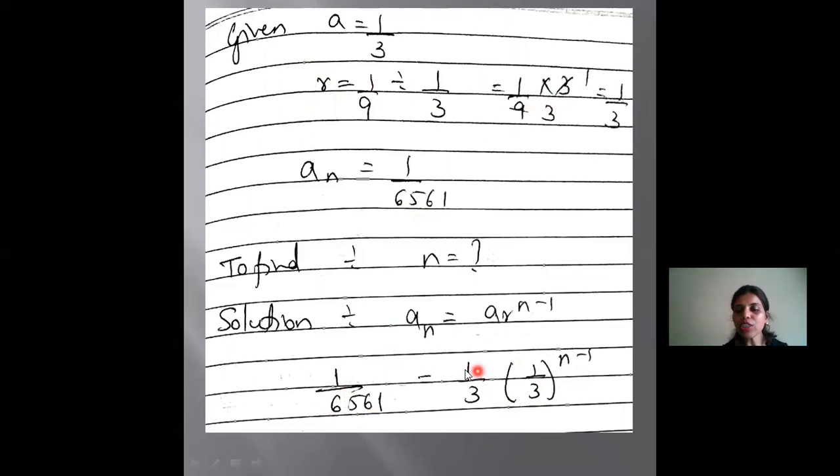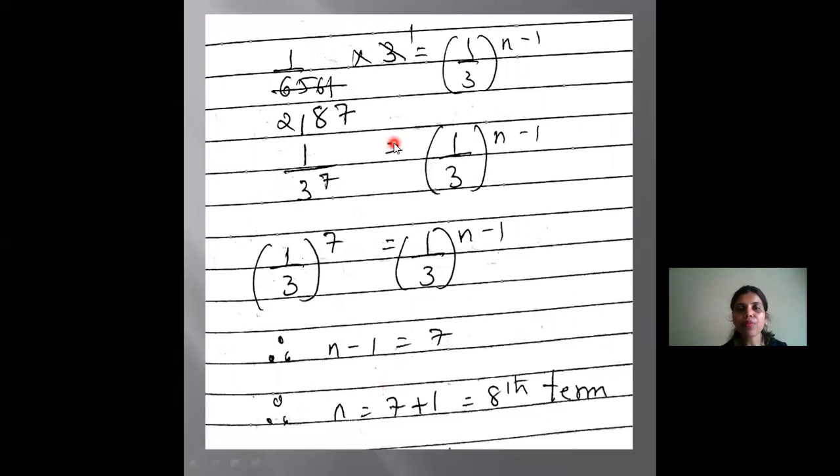Now what you will do is you will take this 3 which is in the denominator to this side. So it goes in the numerator because division becomes multiplication. So you divide 3 and 6 by 6 so you get 1 upon 2187. Now as on the right hand side you can see it is 1 upon 3 as a base.